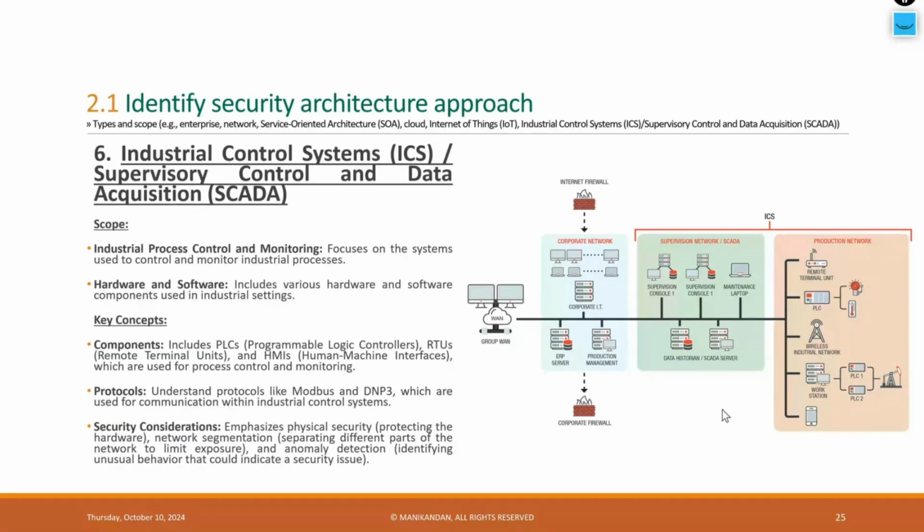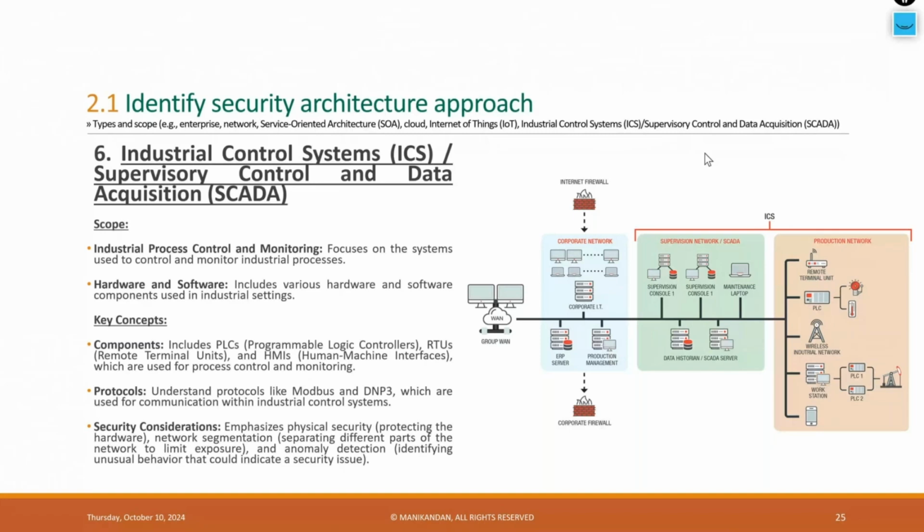Ideally, if you are talking about secure remote access for OT devices, we make sure that if you want someone to access the OT device, there has to be a jump server or landing server, and only the jump server should be able to access the OT devices. There should be encryption for both data at rest and data in transit.